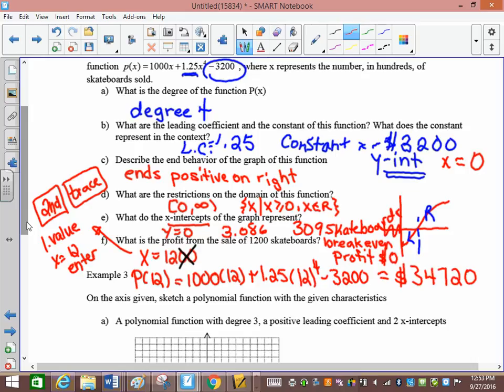Or you can physically do the math, and it will give you 34,720. Both will give you the same answer. If it errors when you punch this into your calculator, it's because your y-max isn't big enough for it to find it, right? Your y-max is only 10,000, and your answer is 34,720. But you don't actually have to know the calculator stuff. You can literally just do the math, right? And you get the same answer.